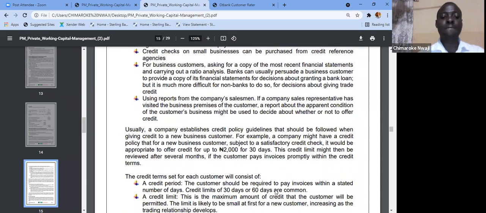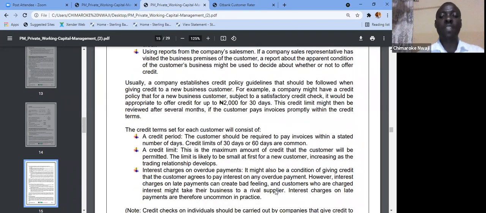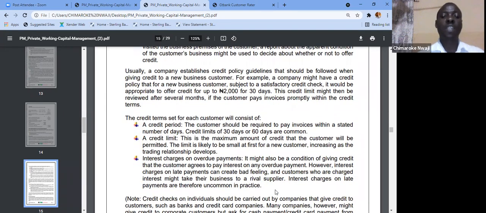Okay, then when you are giving out credit, after you've seen that yes, this person is satisfactory, it would be good to give him credit, then you may need to set the credit terms which should be followed. In credit terms, I mean that we should have a credit period. It should be stated in the invoice that you have to pay within a certain number of days. Sometimes you see invoices will tell you maybe 2% net 30.